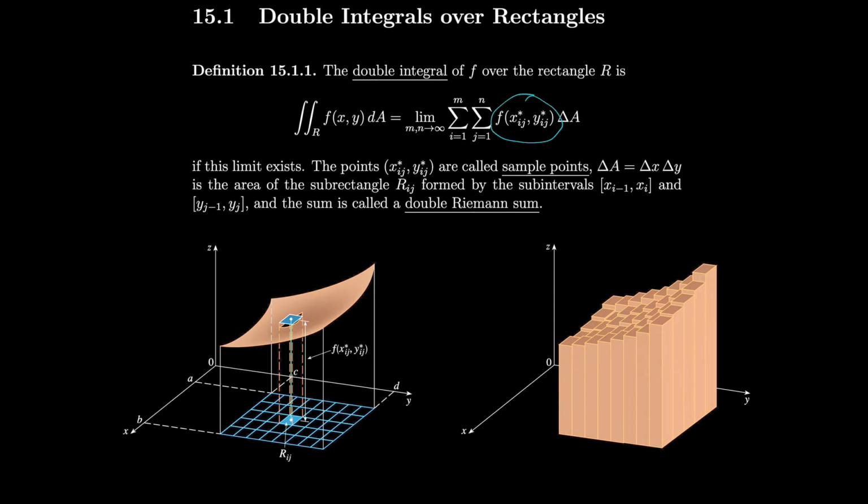That's basically the height. So we take that f value at the sample point, multiply by the area of the rectangle, so we're basically stacking up all those rectangles, and we get a three-dimensional rectangle, or a rectangular solid.